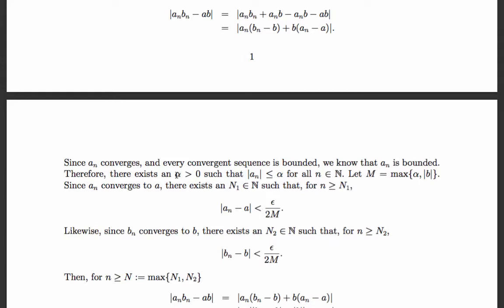In fact, it's strictly greater than 0 because alpha is greater than 0. So this is a positive number, and this difference can be made smaller than it so long as little n is bigger than N1.